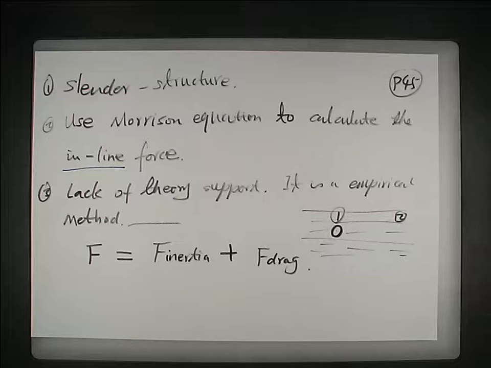If you want to place this cylinder from position 1 to position 2, you need to get a space here for the cylinder. That means you need to expel water, like dig a hole here. This is the first step, you get space for it. Second, you need to move it from here to here, and when you move, the water around it will be pushed away.